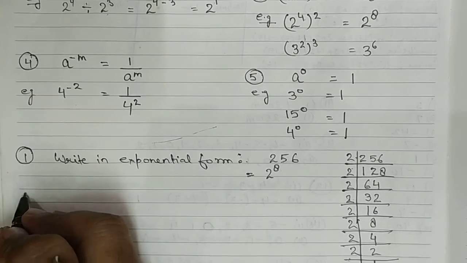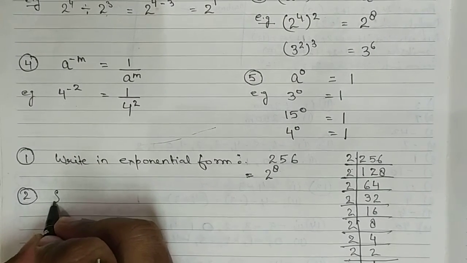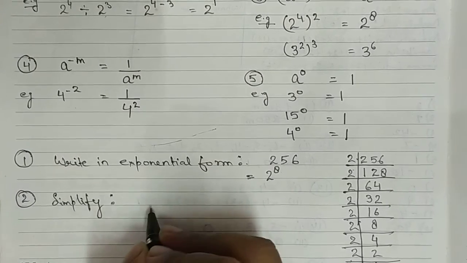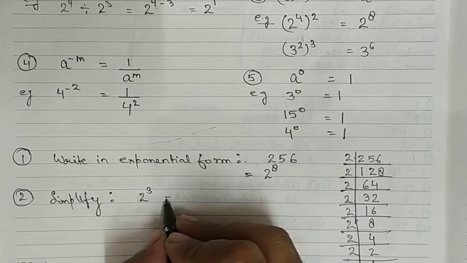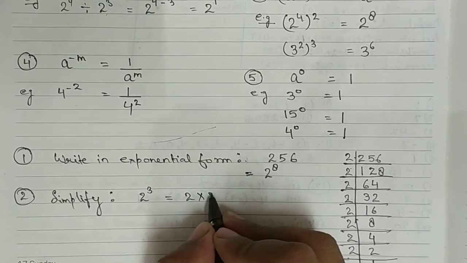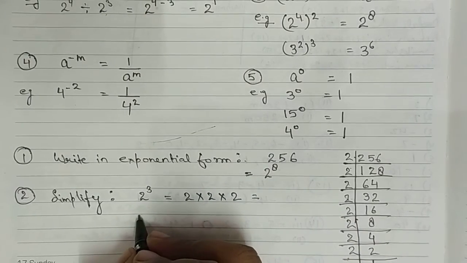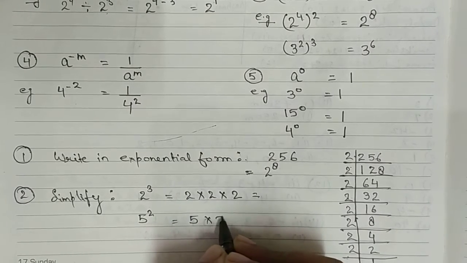Now, the reverse of this: if we have to simplify or solve the value, if it is written 2 to the power 3, then we have to do 2 into 2 into 2. If it is written 5 to the power 2, then 5 into 5.